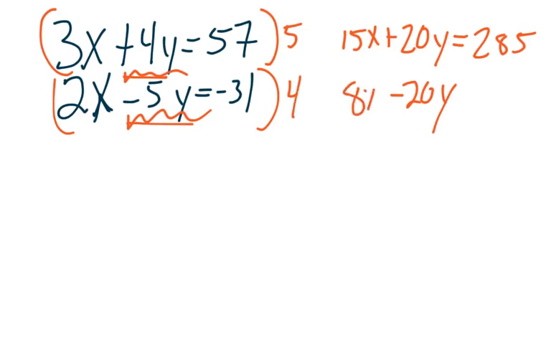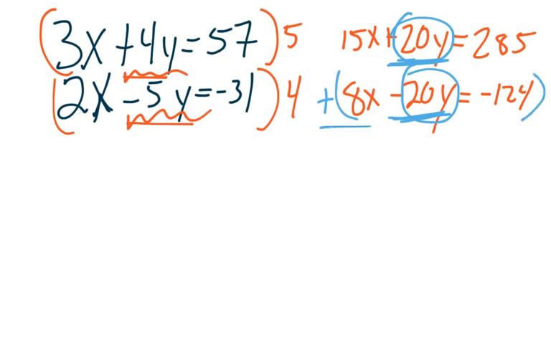So we're going to get 8x minus 20y is equal to negative 124. So now we have 20y in both equations. Since one is positive and the other is negative, we can add our two equations to eliminate the y variable.